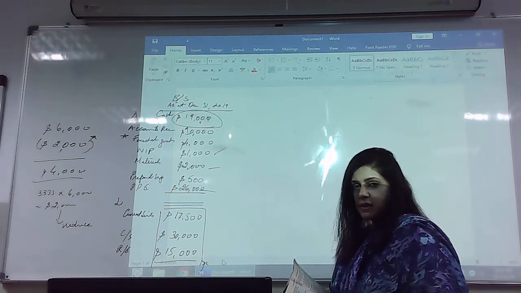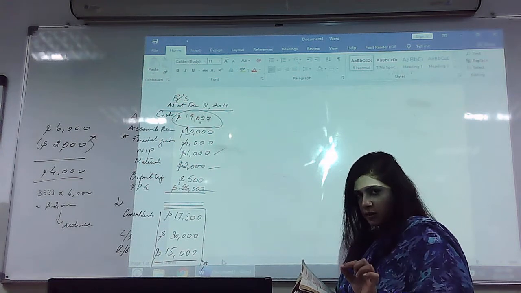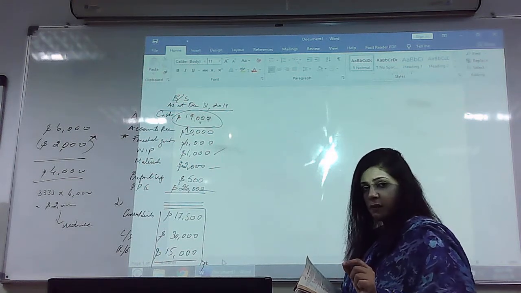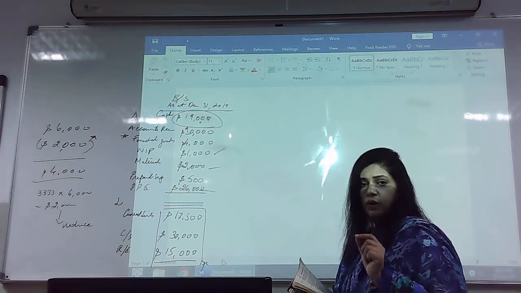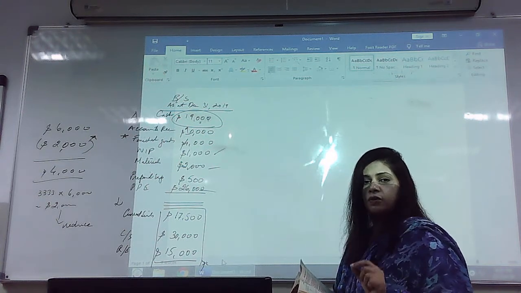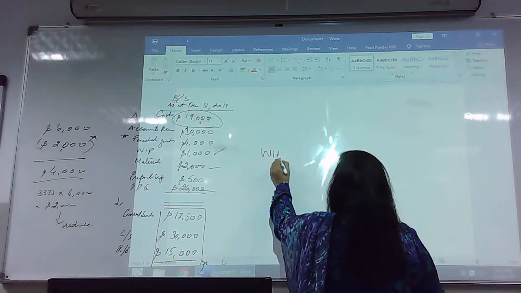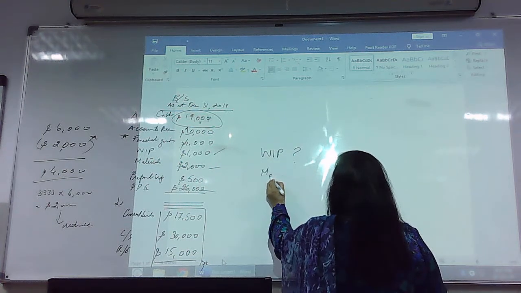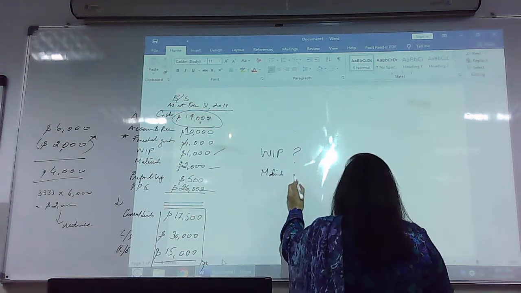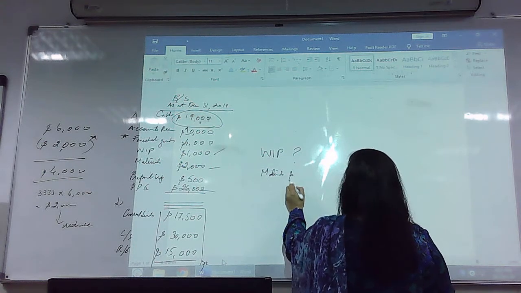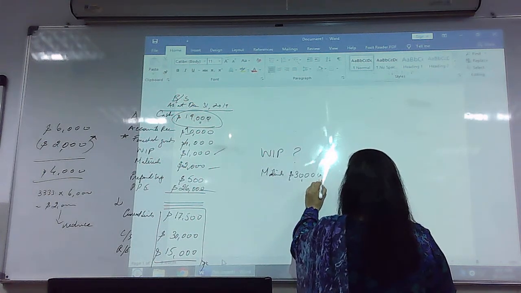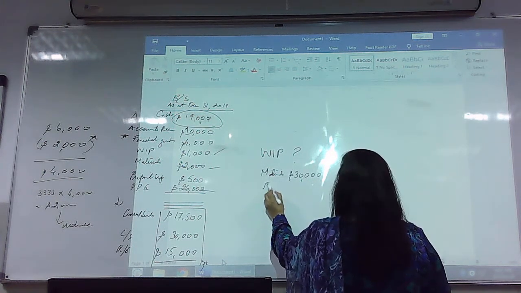So that means they have given us the closing finished goods and closing materials, but they have not given us the value of closing work in process. So we need to find out what is the value of work in process. In other words, we don't have this value, but we have materials as 30,000 and we have finished goods closing.